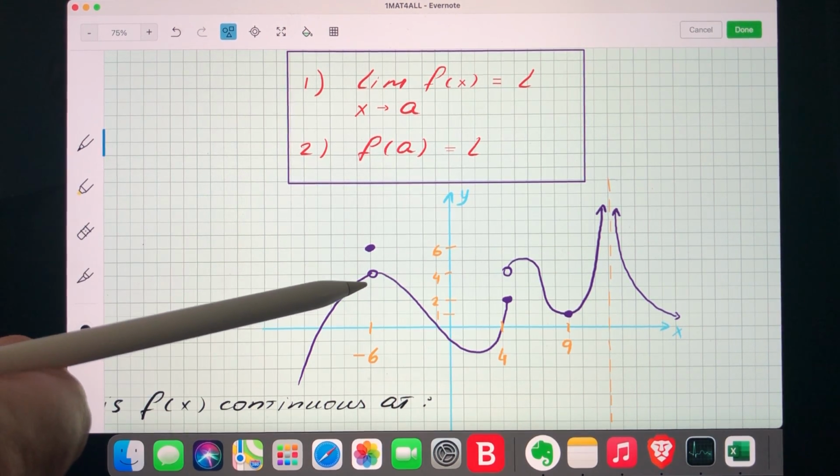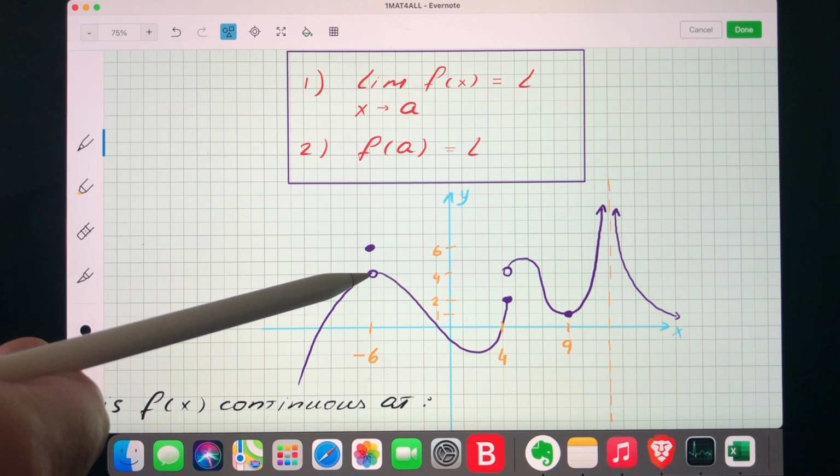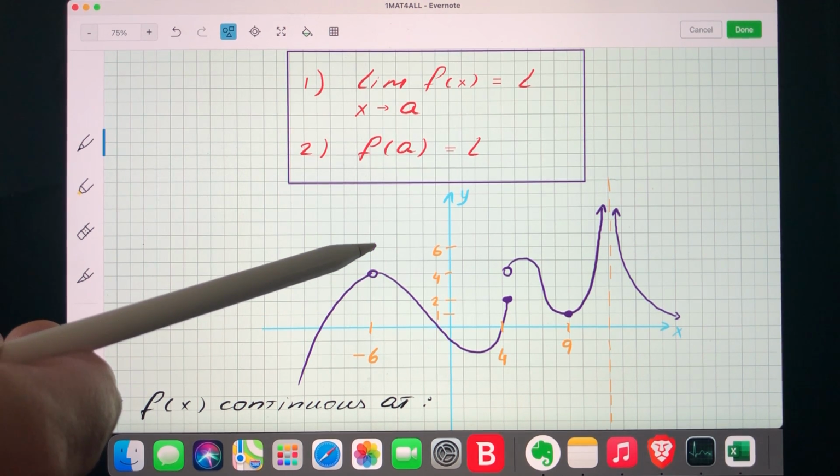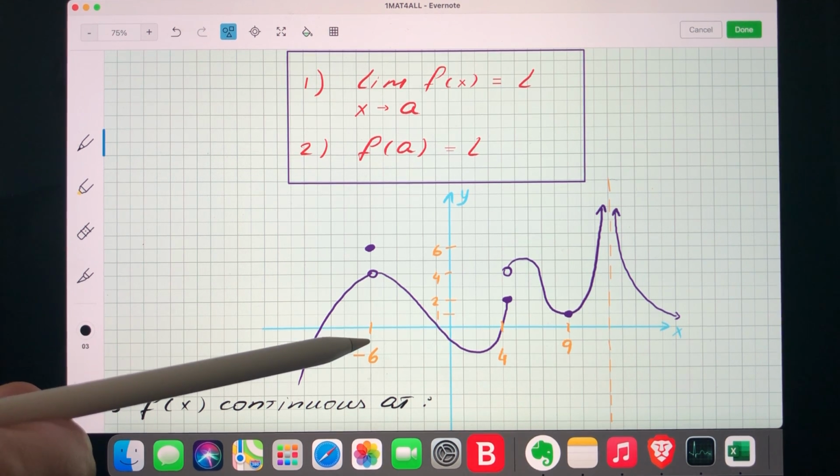Using our simple definition, can we draw this diagram at -6 without lifting the pencil? No, because as soon as we get here, there is a gap in the picture and we have to lift the pencil. And so this function will be discontinuous at -6.